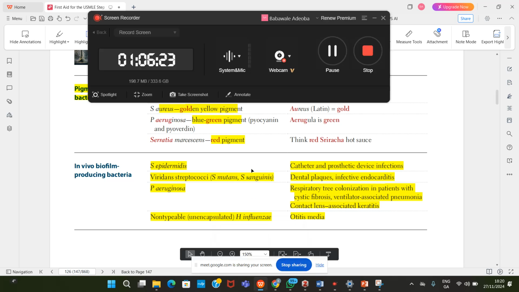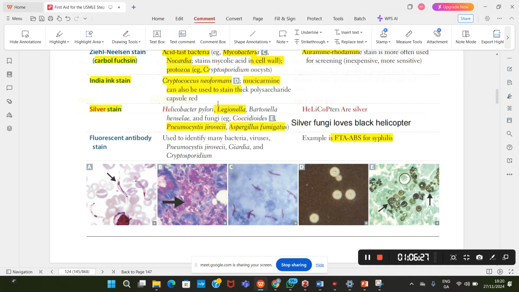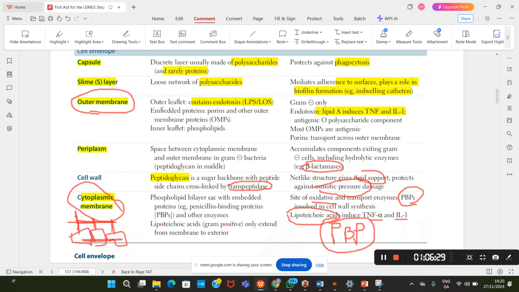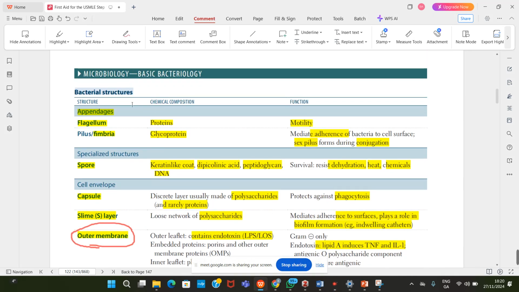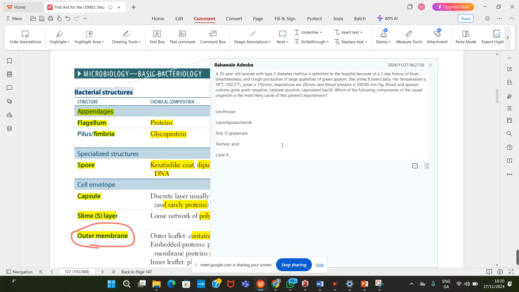So let me just see if we can solve 1 or 2 questions before we go. Okay. A 55-year-old woman with type 2 DM is admitted to the hospital because of a 2-day history of fever, breathlessness, and cough productive of a large quantity of green sputum.